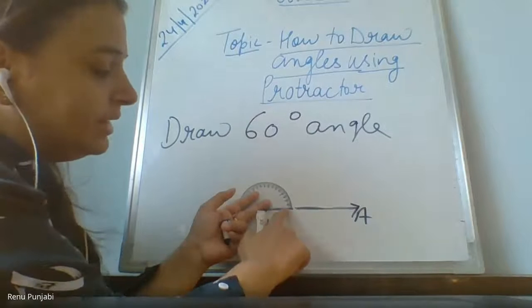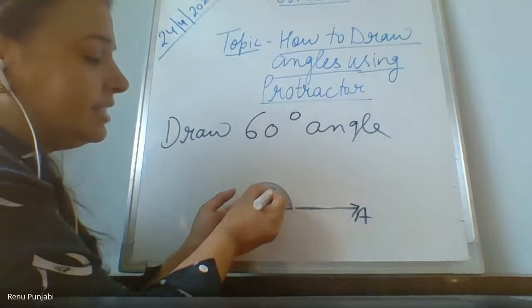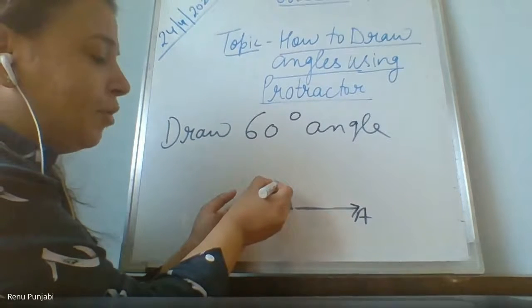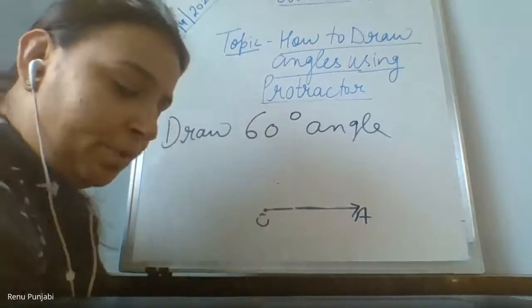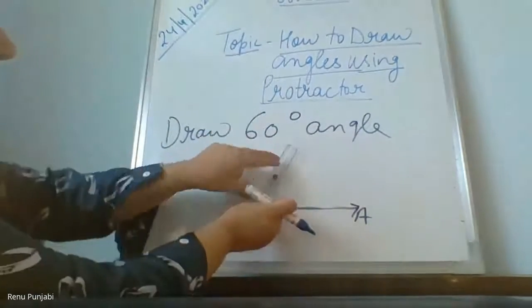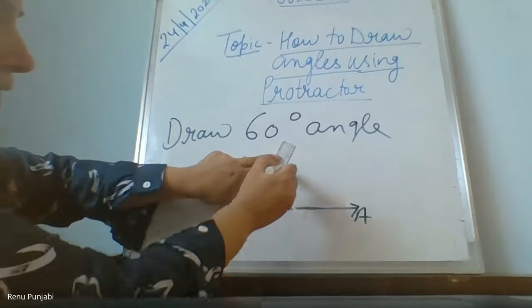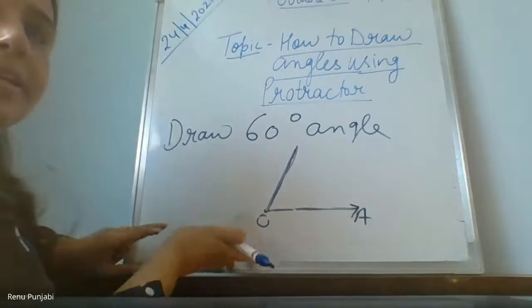Now from the inner scale see the 60 degree, where it is, and mark a point there. After marking a point, take your ruler, join the vertex to that point and extend it.